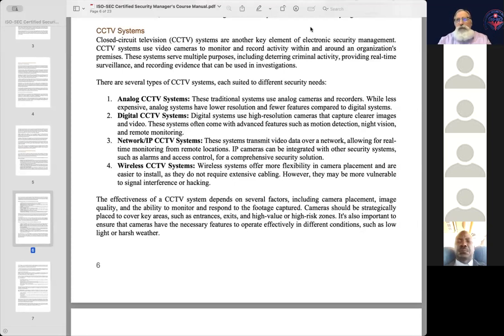Even though it is, again, a closed circuit of TV, it's not what we exactly have in mind. A CCTV system is something completely different from the simple CCTV. The CCTV system has many different components, such as the camera.